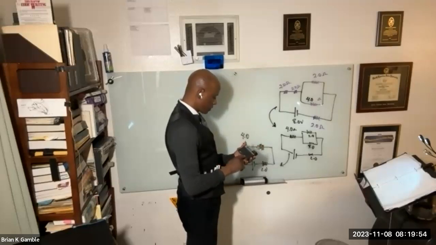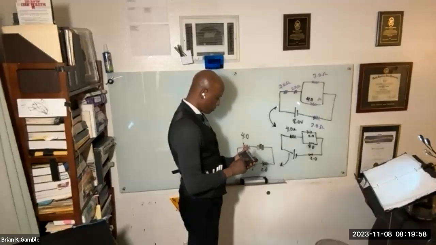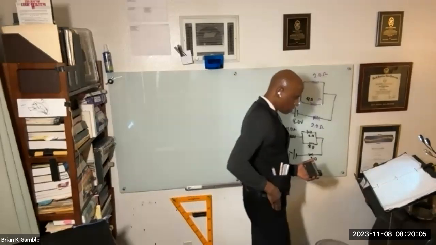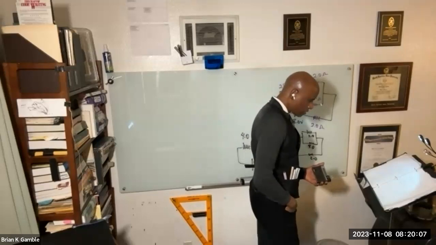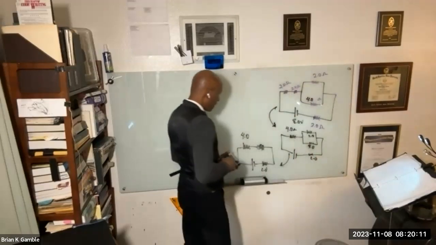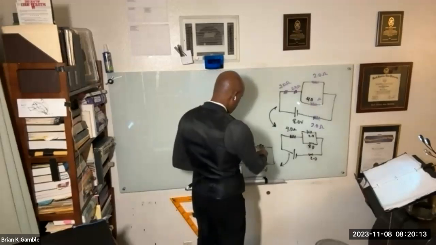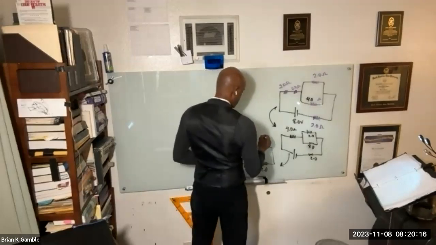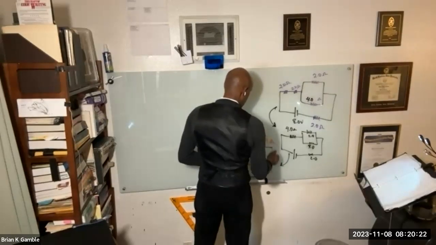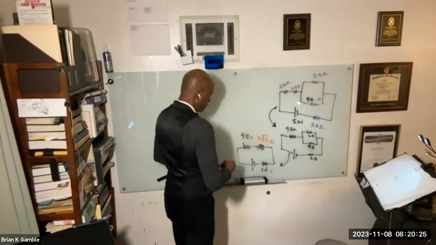But anyway, let's just do it again. Yeah, so I get this. If that's actually 4, then this would be 1.33 repeating ohms. If it's 2, then this guy's just 1, right?